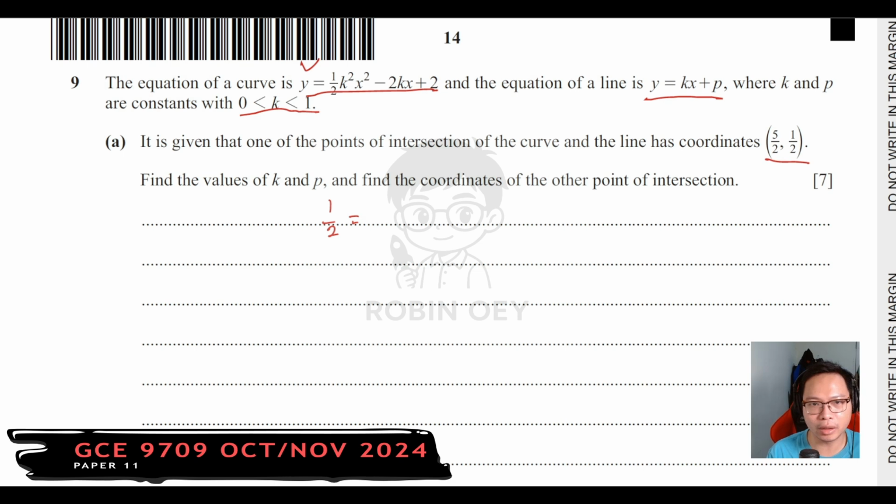Okay, so we just use that: half k square times 25 over 4, because the x is 5 over 2, so minus 2k 5 over 2 and then plus 2. So in this case we get half equals to 25 over 8 k square minus 5k plus 2.